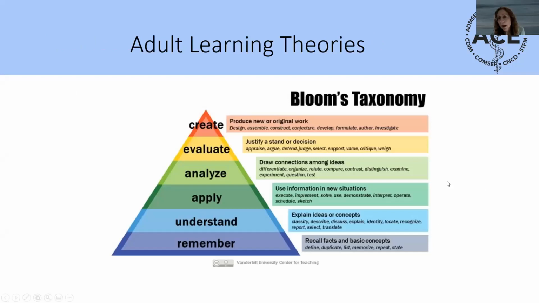So when I start thinking about a teaching session that I want to deliver, I always go back to Bloom's taxonomy. And I'm trying to think, okay, so I have to teach medical students. What is the level of the medical students?